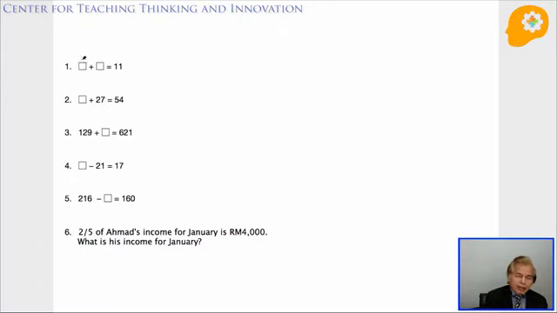For primary one students, this might be quite difficult for them because they are used to adding, for example, 2 plus 3, and they get the answer very easily. Or even 9 plus 2, you can calculate quite easily.